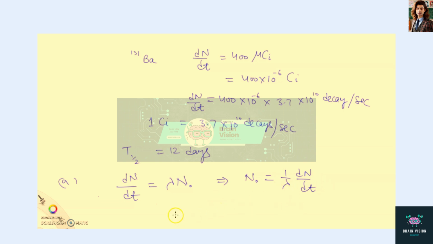Now here the decay constant lambda is equal to 0.693 by T half.